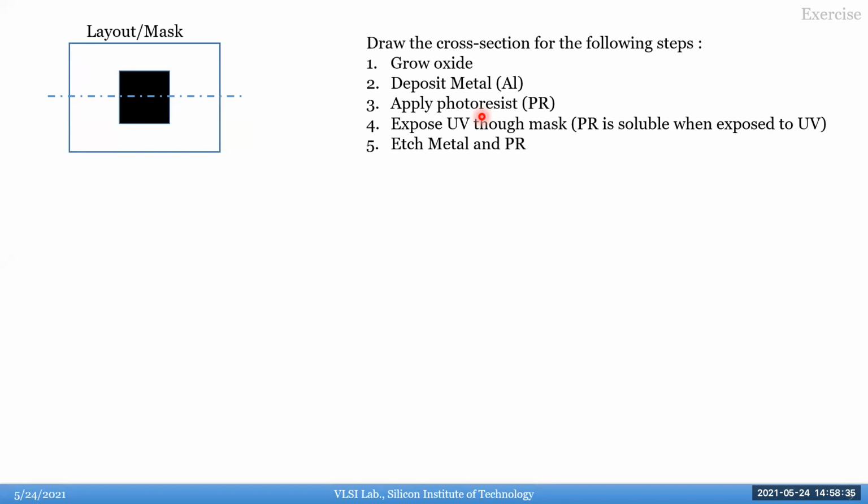What is the grow oxide part? Yeah. One of the reasons people use silicon dioxide as an insulator in silicon IC design is that, because you have silicon, it's very easy to grow oxide.